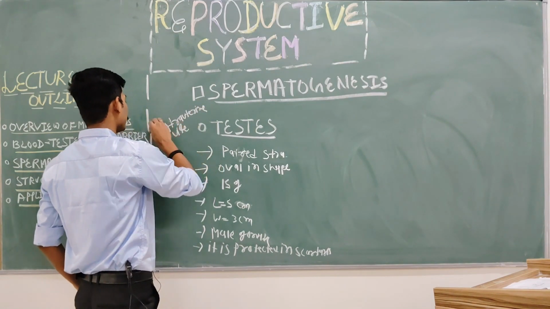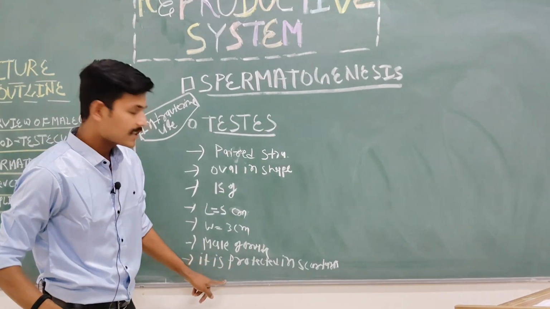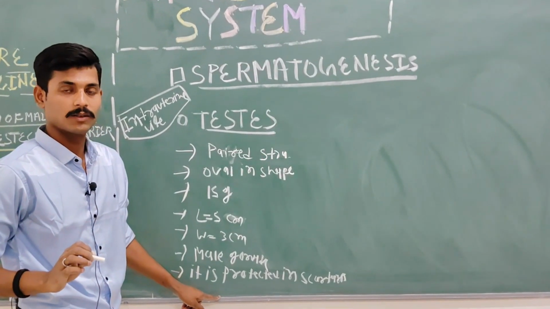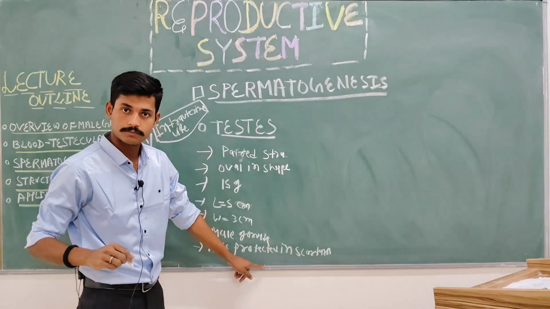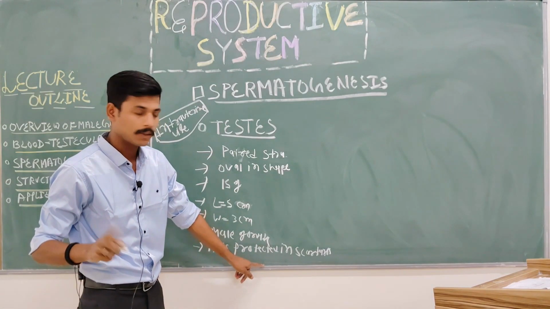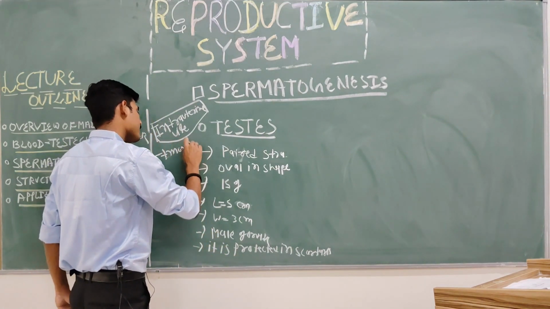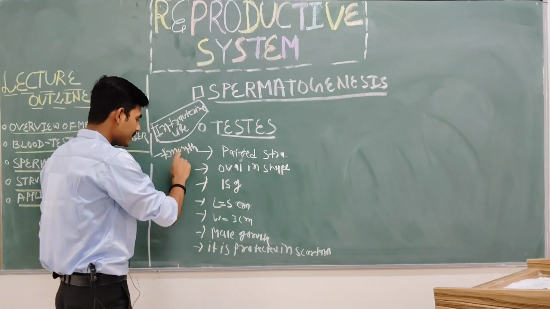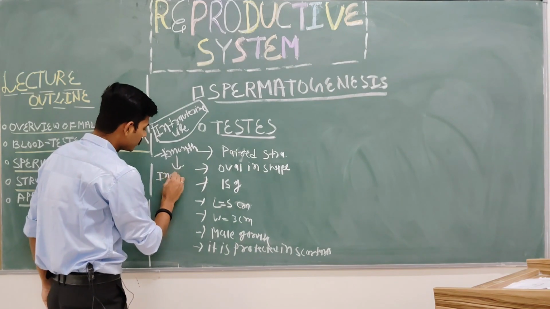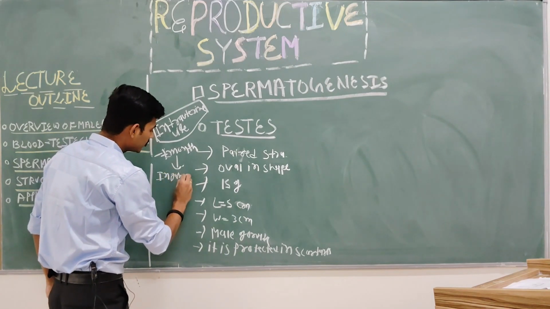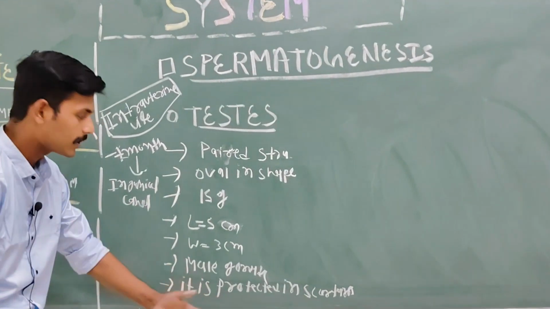The testis has not descended into the scrotum. It is in the 7th month of pregnancy, understood, that it descends through the inguinal canal. Write it down: through the inguinal canal, it descends into the scrotum.